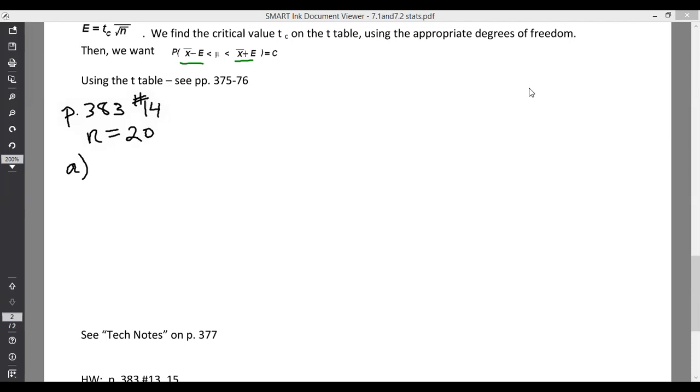Part B is what we're interested in. Using the given data as representative of the population of prices, find a 90% confidence interval.